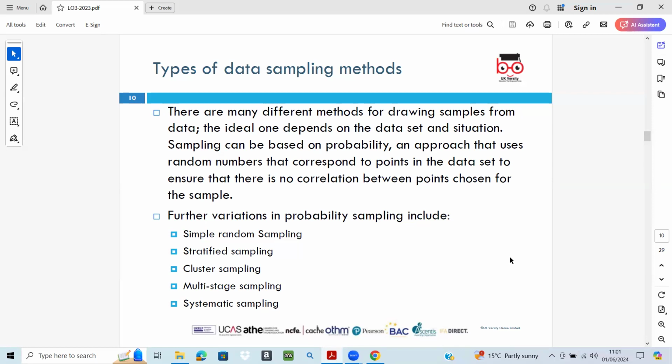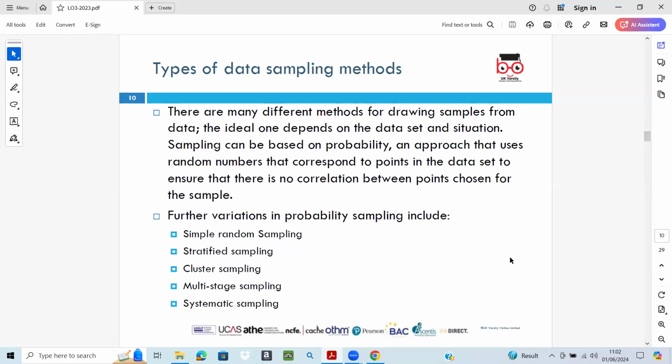Different sampling methods are used depending on the type of data set and the research objective. So we have the probability-based sampling method. Probability-based sampling involves using random numbers to select data points, ensuring that each point has an equal chance of being chosen for the sample. This method helps in reducing bias and ensuring the sample represents the population accurately.